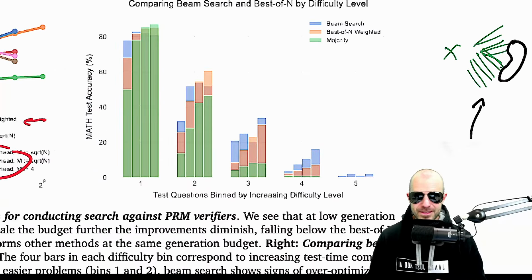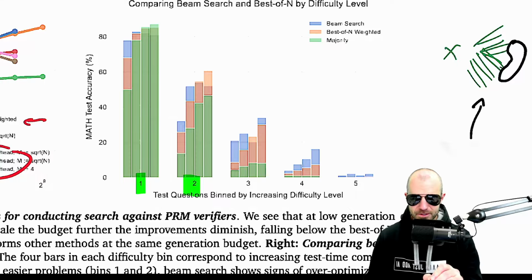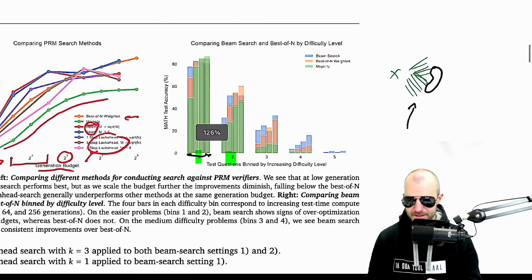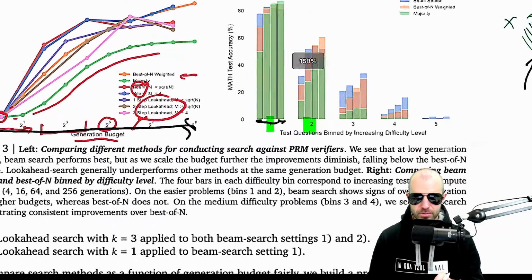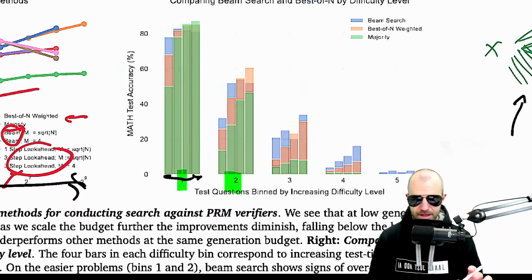Okay, so they divide this up by difficulty bins, and inside of each bin, this x-axis here is the same x-axis as the x-axis here. So as you go to the right, the compute budget gets larger.